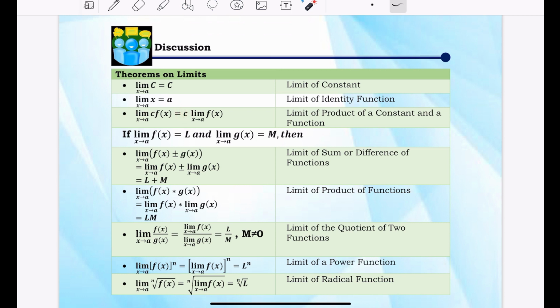times the limit of the function f of x where x approaches a.